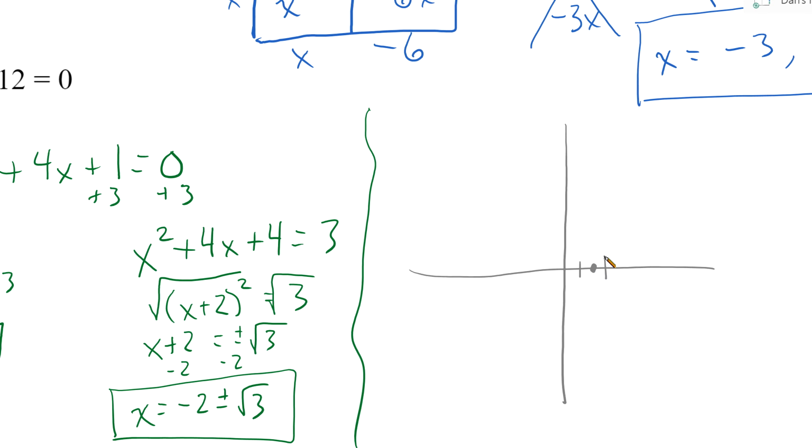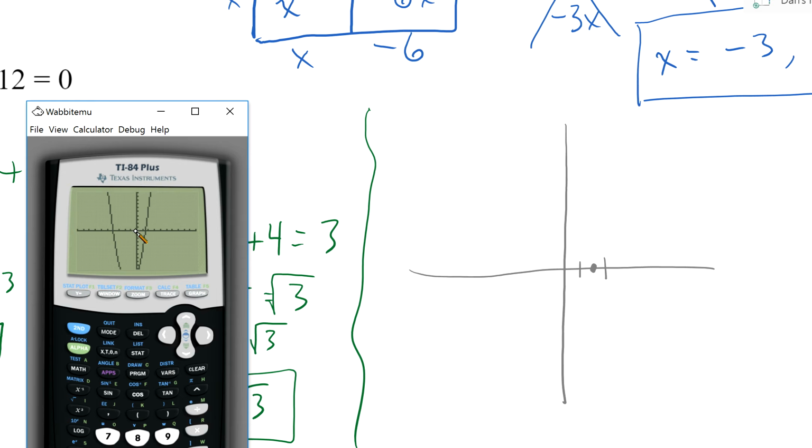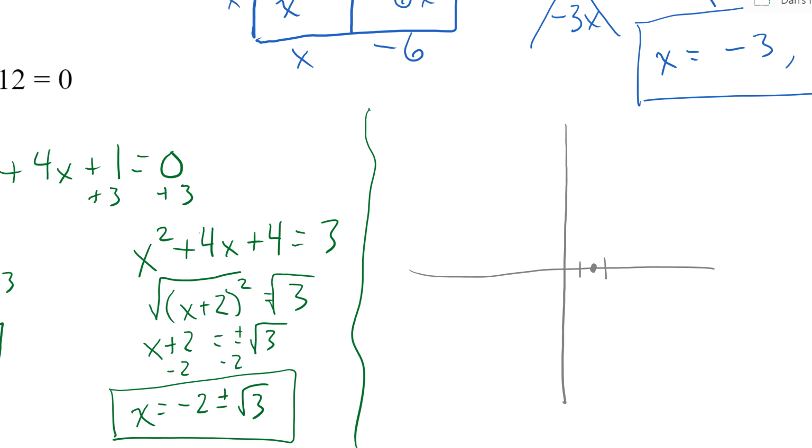That's the point I really need. And then it hits somewhere around 4, it looks like. And then we can draw that sketch. Put some labeling there. And that's what I would want to see in your paper.